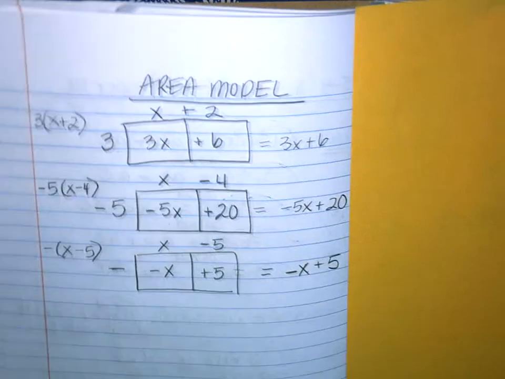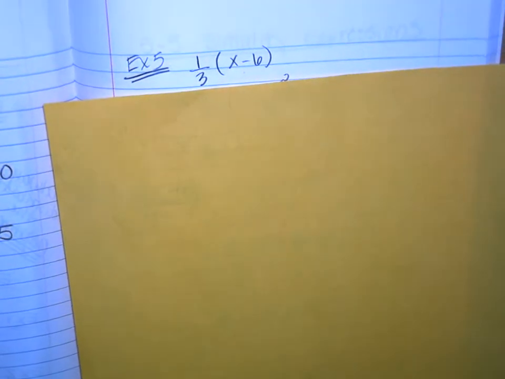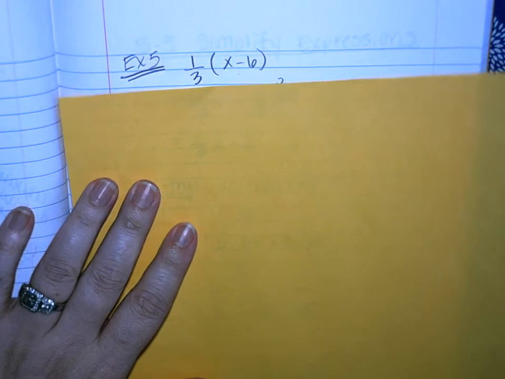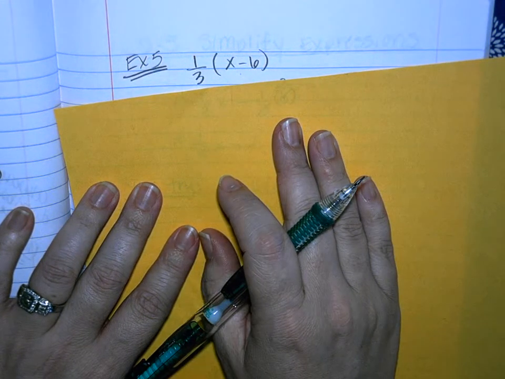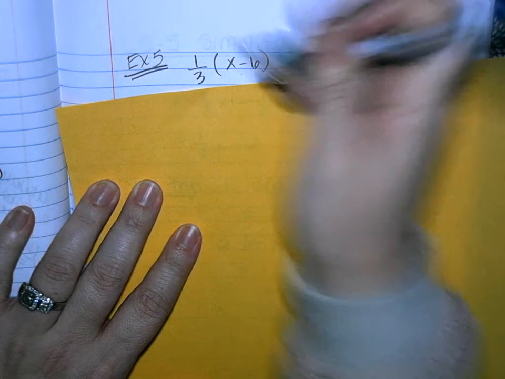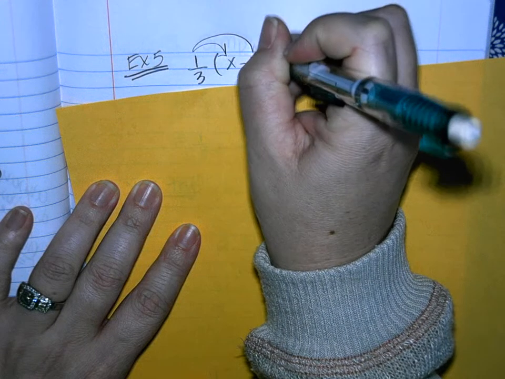The very last thing, there's one more example, and then you guys are going to try a couple to see if you got it. So, of course, we have to have a fraction, right? Fractions. Okay, so again, we have 1/3 times x minus 6. So we're going to draw rainbows. That way it keeps it separate.